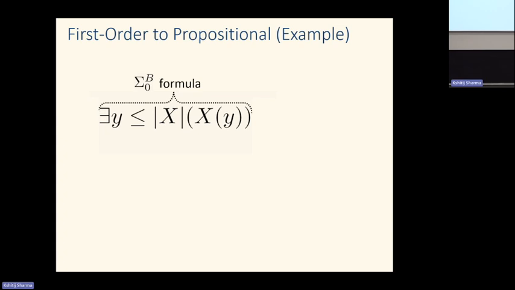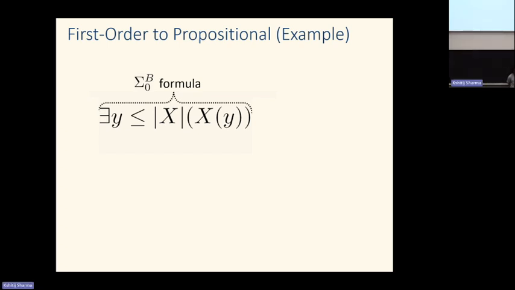If I have, for instance, a sentence that says there exists y, at most the length of the string x, such that x_y is true, namely y is one of the indices in this bit string x. If it is 1, then x_y is true, right? So there exists one bit that is 1 in x.